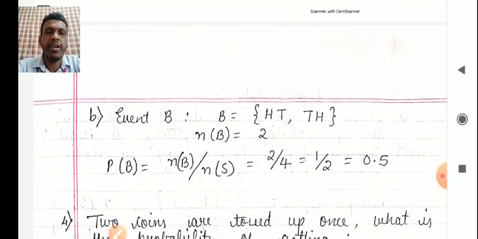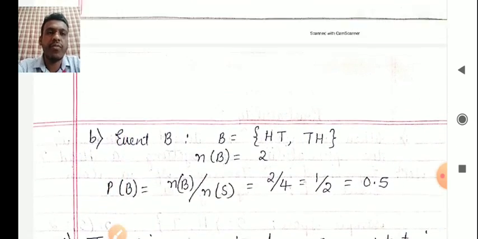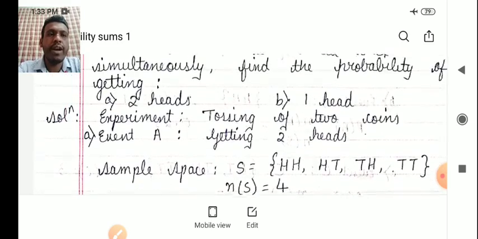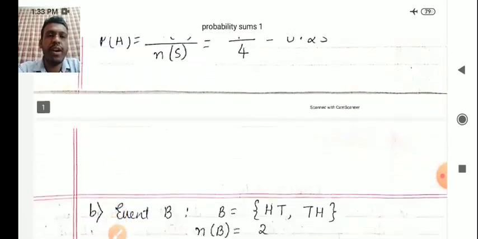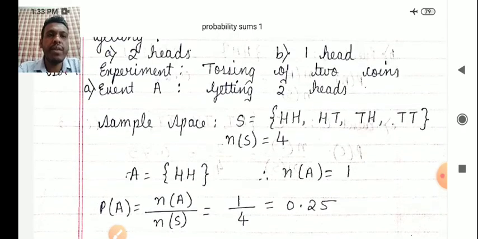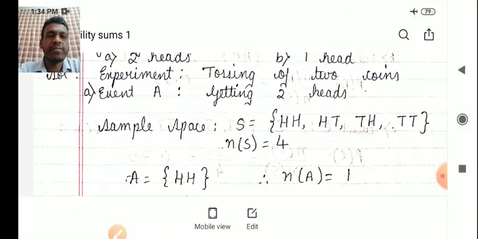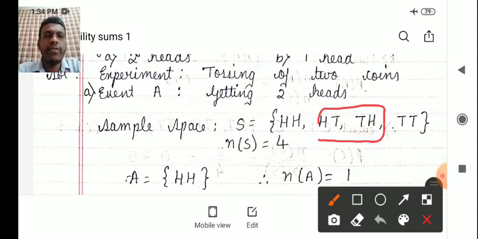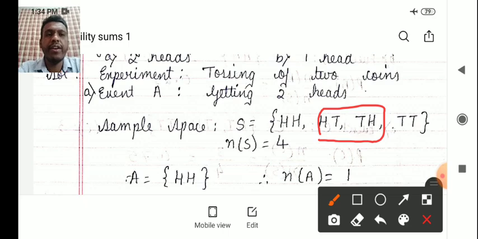Similarly, event B is the probability of getting one head. So where are the one heads coming? Just see here. These are the only events where you are getting one head. Here you are getting two heads, here you are getting zero heads.